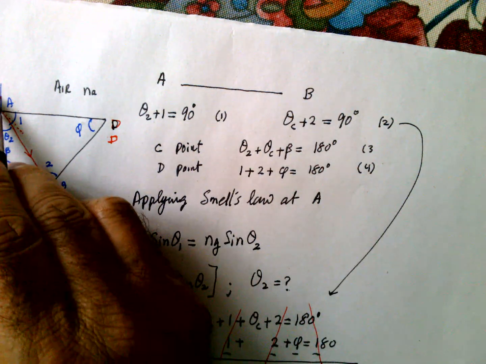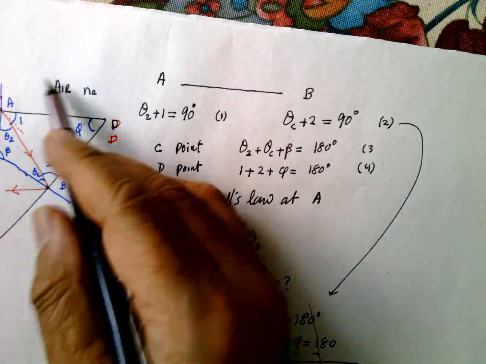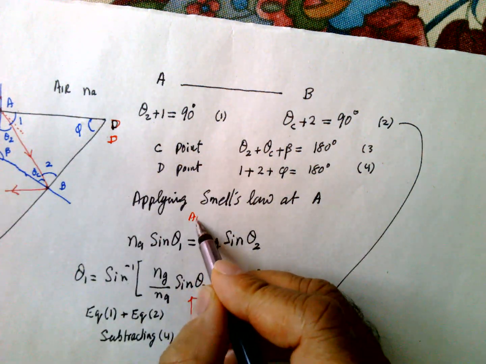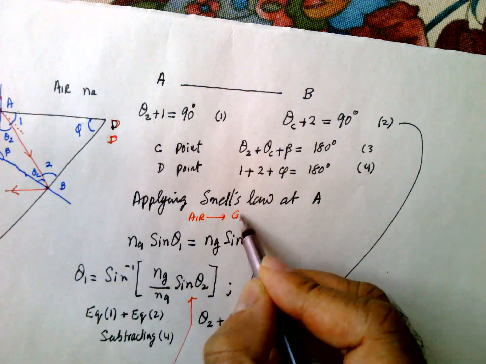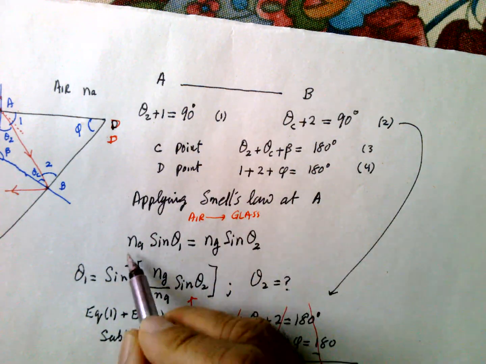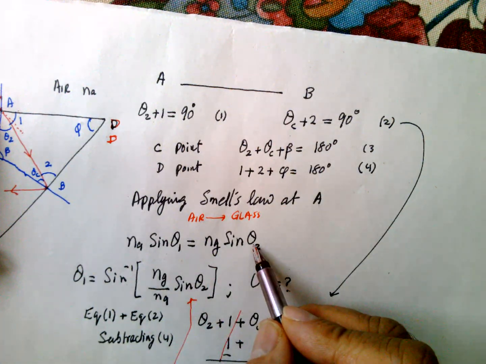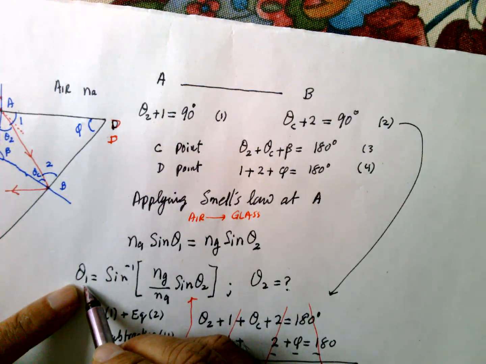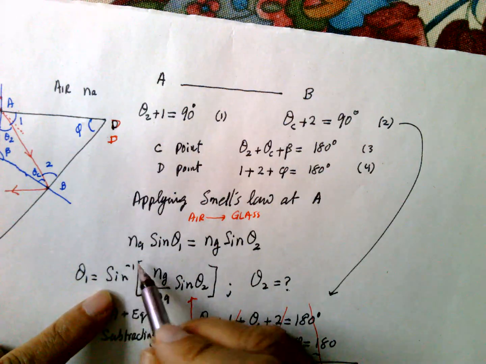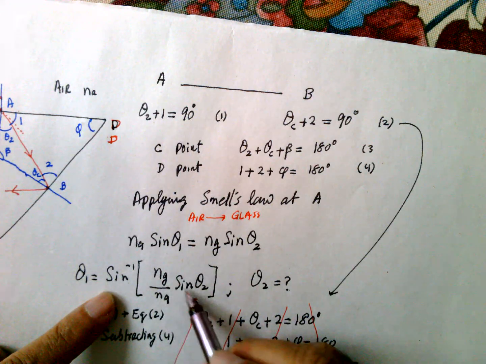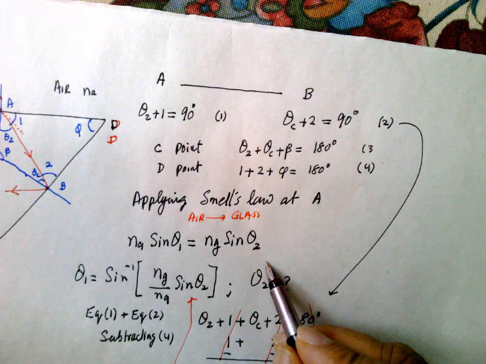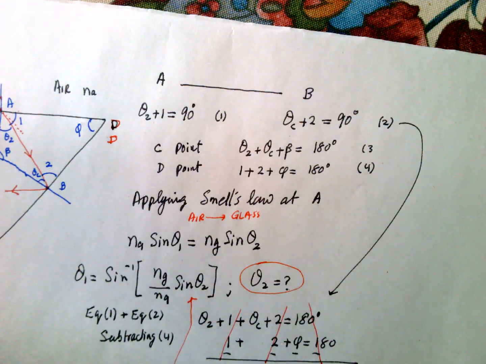So applying Snell's law here, from air to glass: Na sine theta 1 is equal to Ng sine theta 2. So theta 1 is equal to the arc sine of Ng over Na times sine theta 2. That means we have to find theta 2.